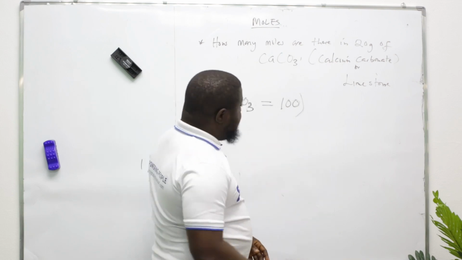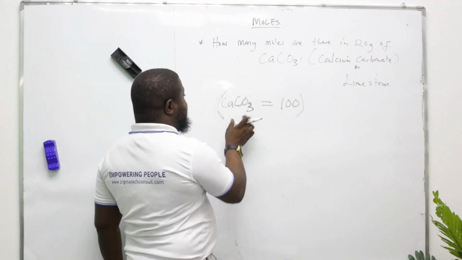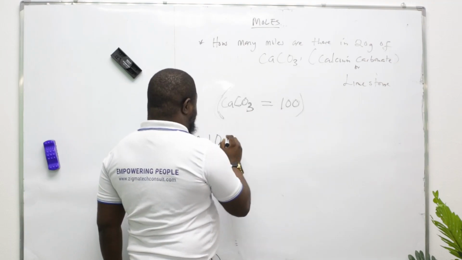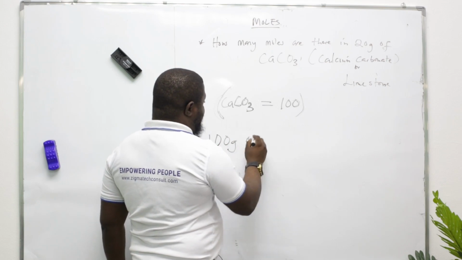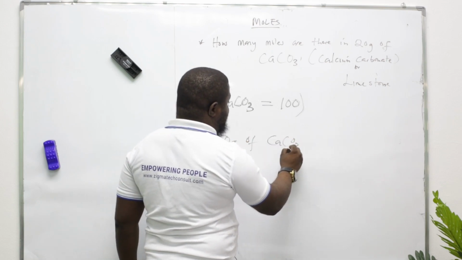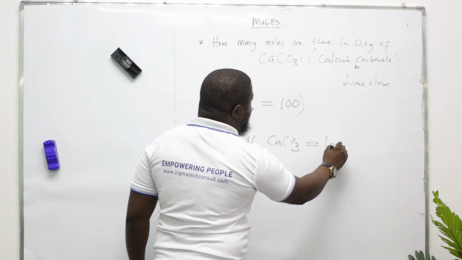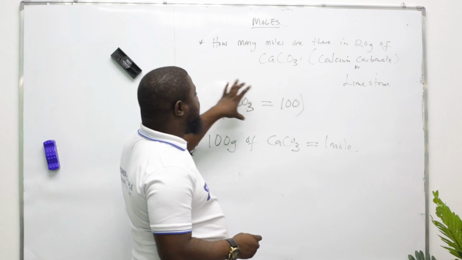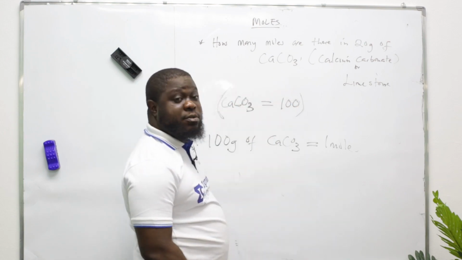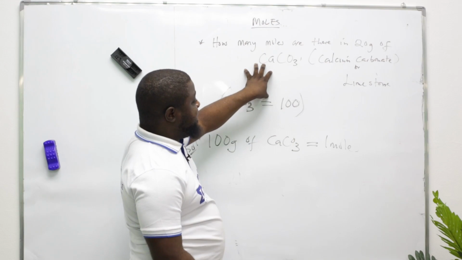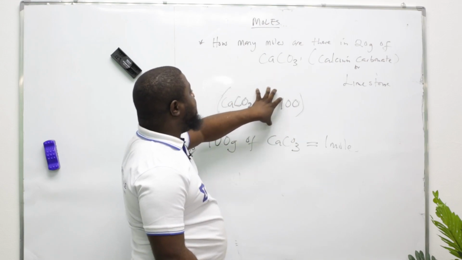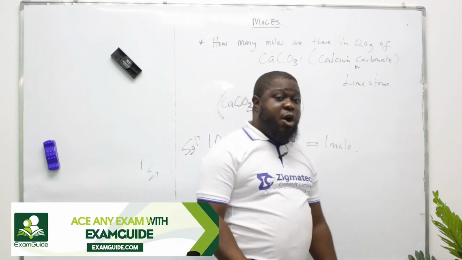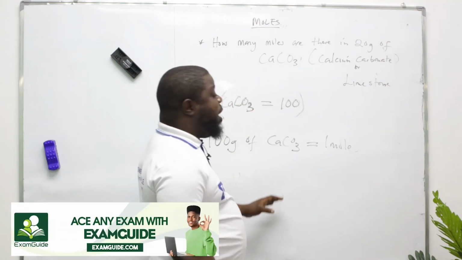So 100 grams of CaCO3 will give you 1 mole, because the mass number of the compound becomes the number of grams.